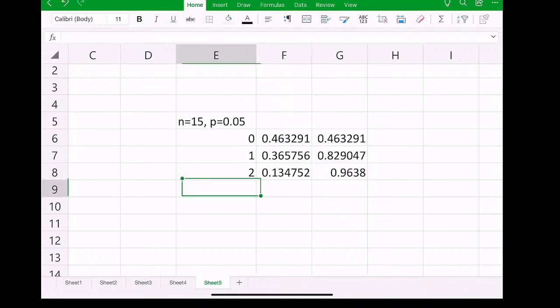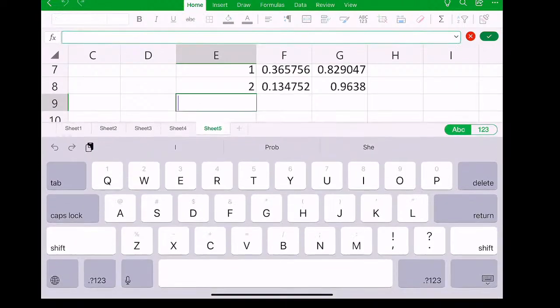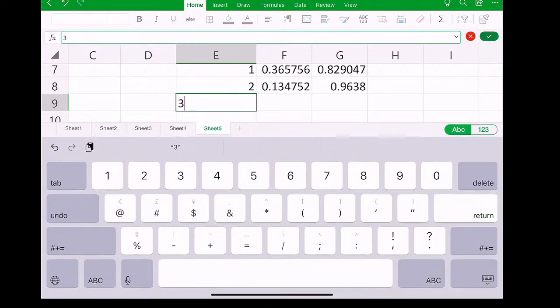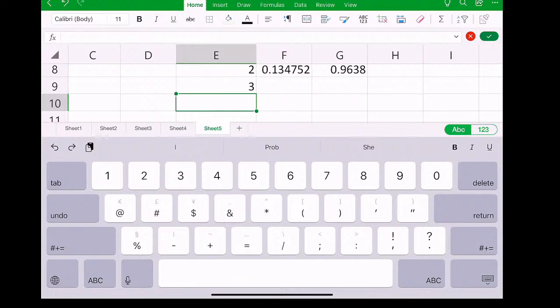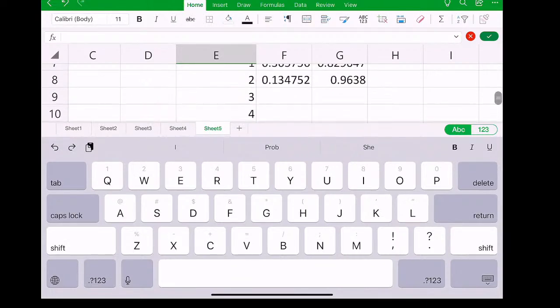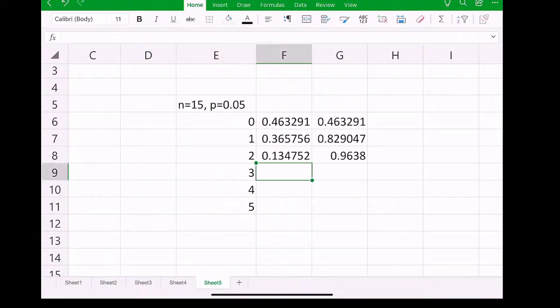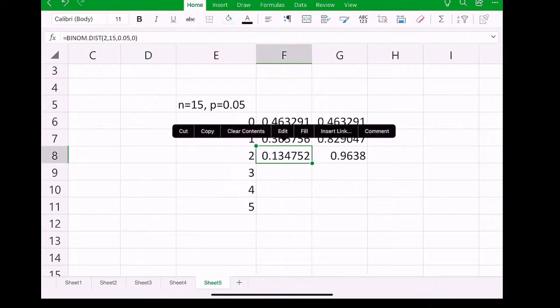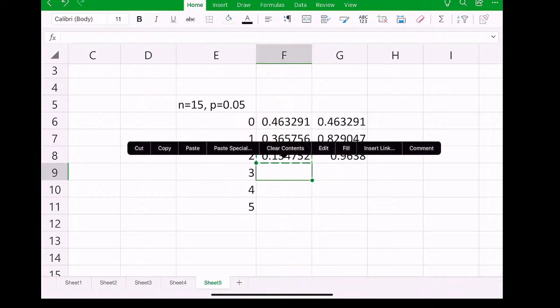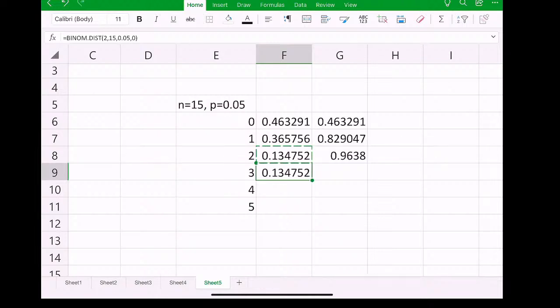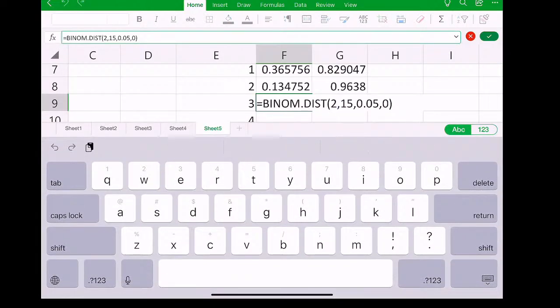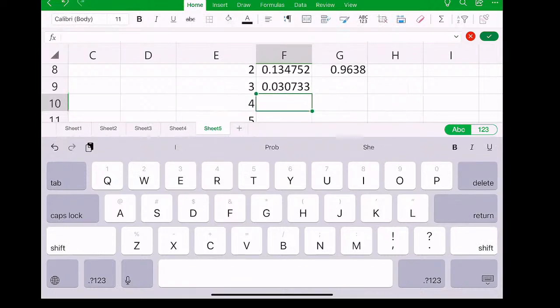If I actually put 1, 2, 3, 4, 5, and I actually put this cell here, that will work better.